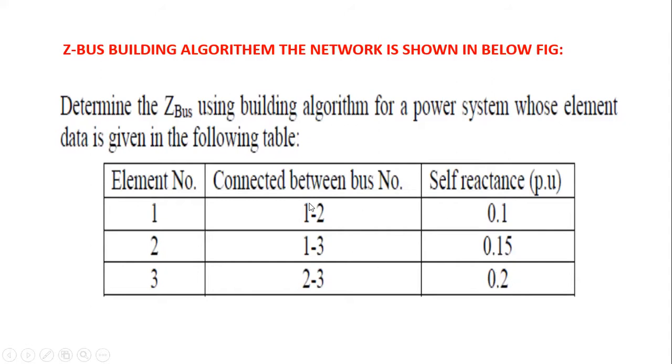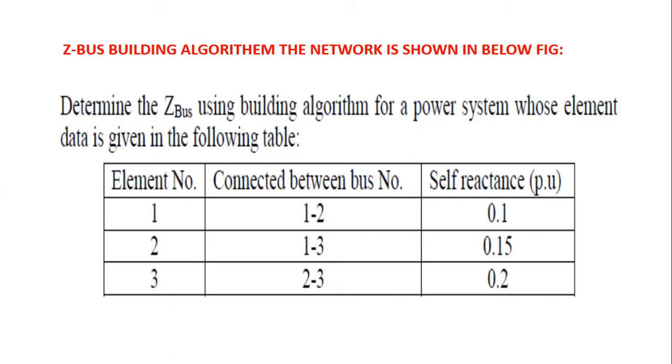By using that table we form the Z-bus building algorithm step by step. We are already well aware of the types of modifications, which we discussed in the previous class. How many types of modifications are there? Four types: type 1, type 2, type 3 and type 4 modification.